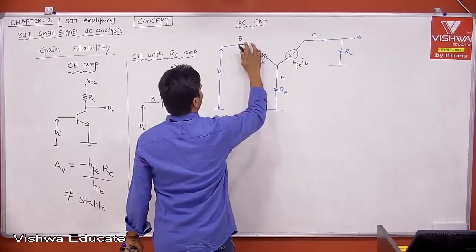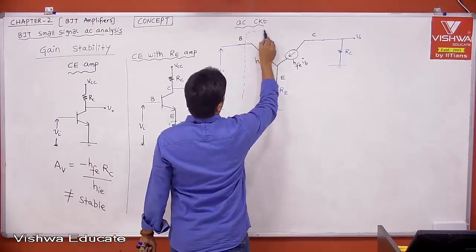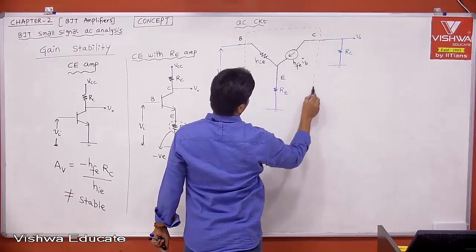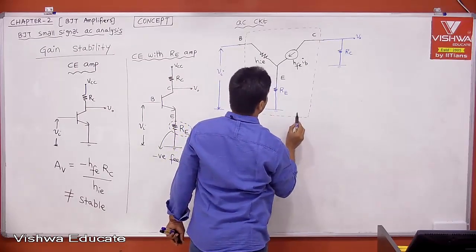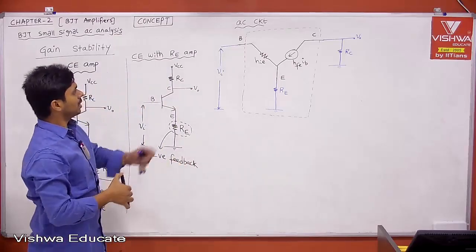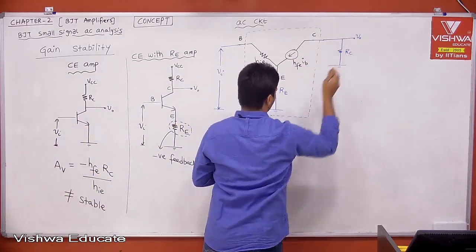The black one is nothing but your BJT. This is your amplifier now with feedback. RE is the feedback resistor, right? Applying input voltage here, taking output voltage, and this is your load.